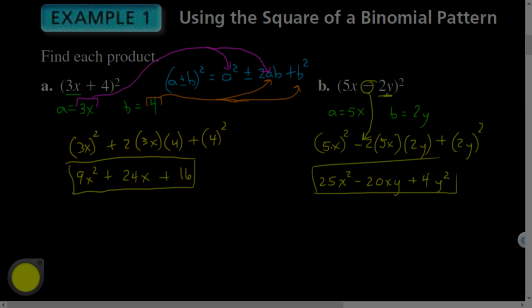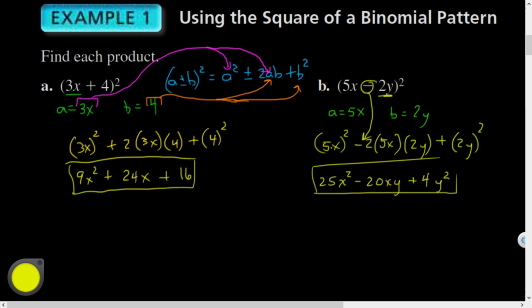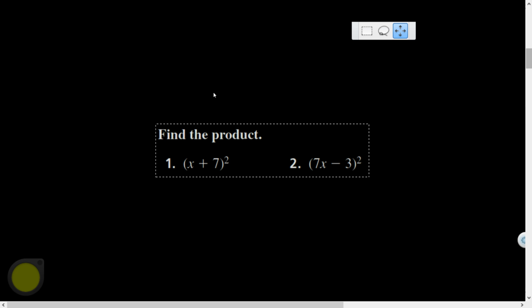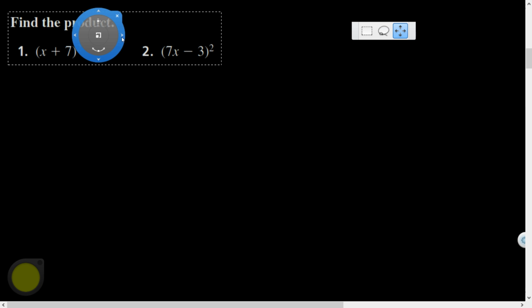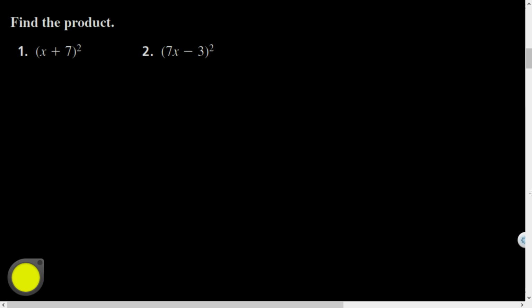Let me do just 2 more of these, and then we'll have to move on to the other pattern. 2 patterns today. All right. First of all, question, does the pattern even apply? a plus or minus b all squared.